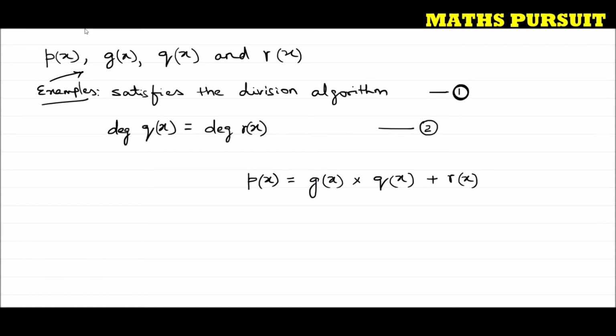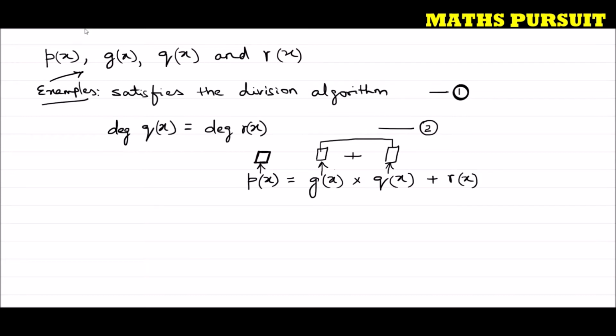Now guys, for the purpose of this particular question, the most important thing we need to understand is the degree of g(x) and the degree of q(x). The degree of g(x) and the degree of q(x), both together, form the degree of p(x).